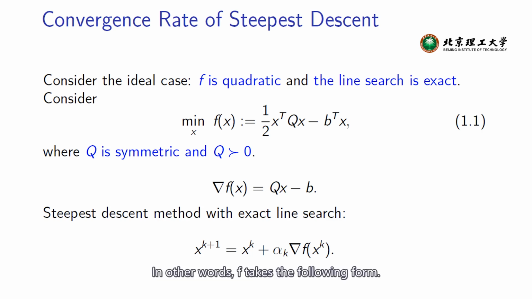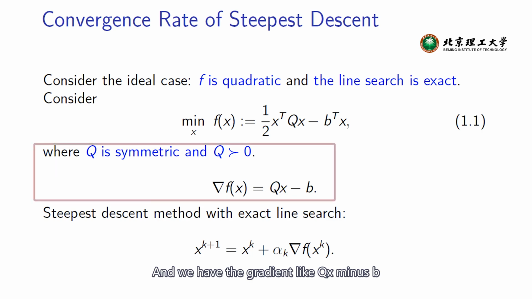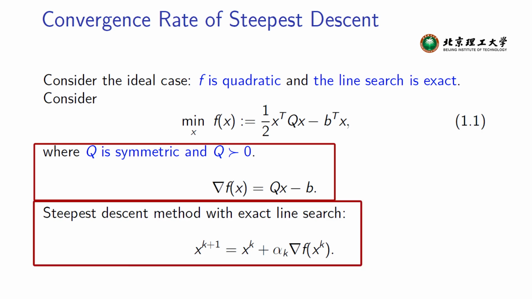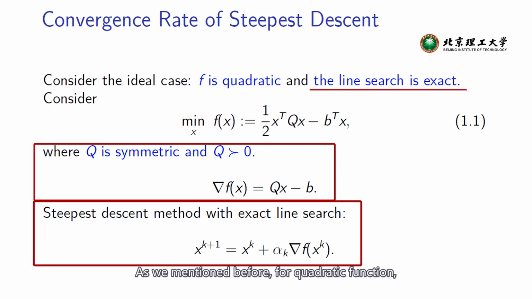In other words, f takes the following form, and we have the gradient Qx minus b, and we take the line search step as the exact line search step. As we mentioned before, for quadratic function, there is an explicit form for the step length.